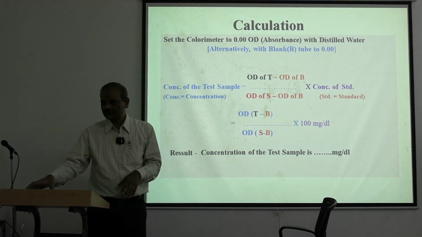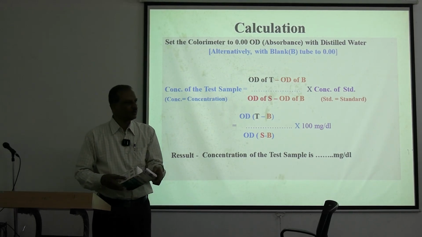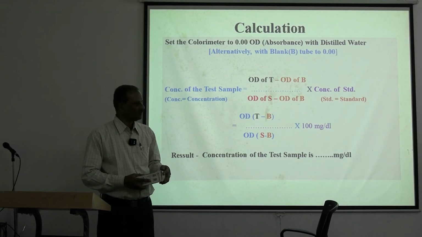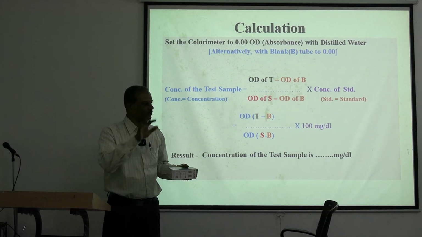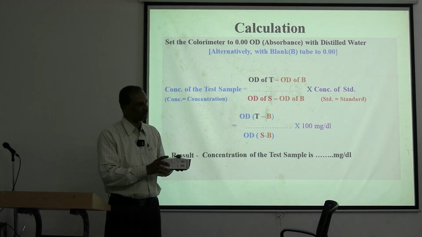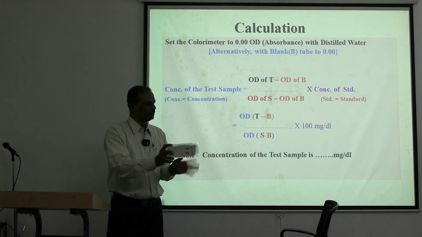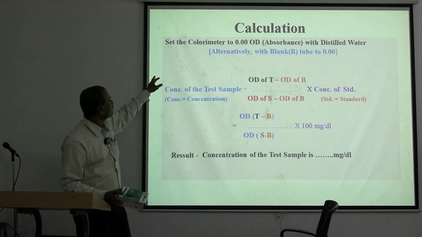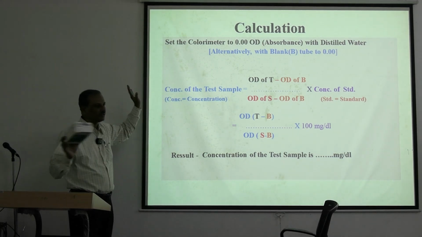Then only you will weigh something. You have seen every time, whether you go to the petrol pump or to a machine, they will set it to 0, and then they dispense petrol or diesel. Similarly, in the weight machine there is a setting, set it to 0. Then you put anything, the weight will be shown. So here you set the colorimeter at 0 with the distilled water, because it doesn't have any color.